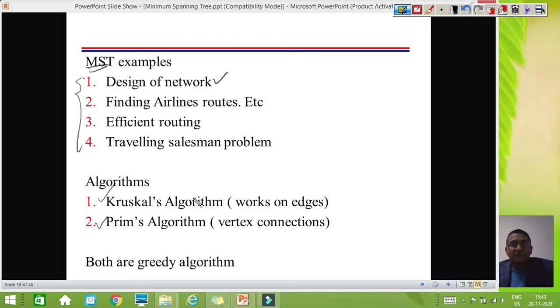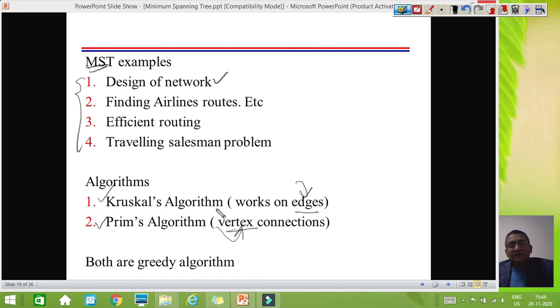When we work with the Kruskal algorithm, you are actually working on the edges, but when we work on Prim's algorithm, you are working on the vertices. So this is one difference: Kruskal's algorithm works on the edges and Prim's works on the vertices.